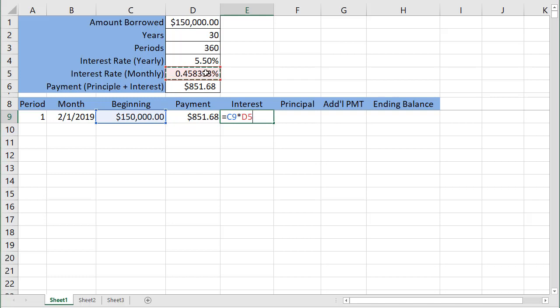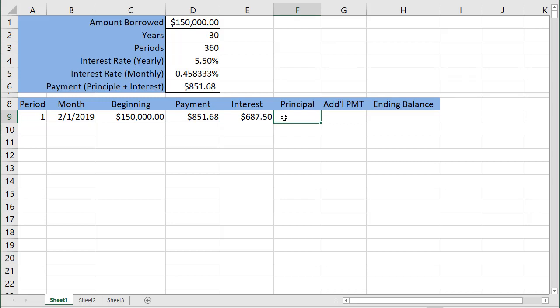I'm also going to want to lock this in as a static or an absolute reference, so I'm going to hit F4 again on that D5. Hit enter. So what this tells me is that out of my payment of $851.68, $687.50 of that goes toward interest.